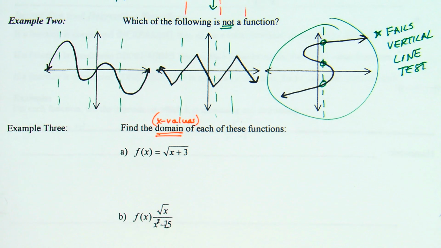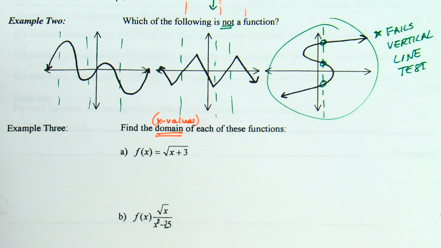What do we know about square roots? Square roots must be, see, number 3 up above. Square roots must always be greater than or equal to 0, positive. So right here, do we have a square root?